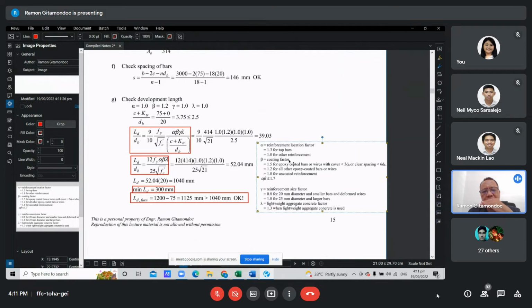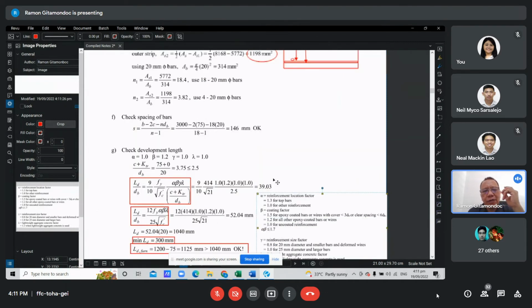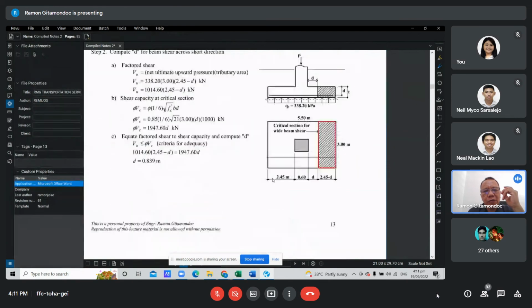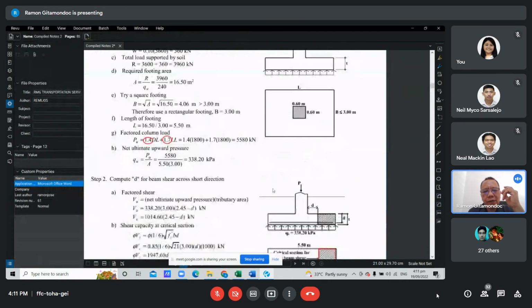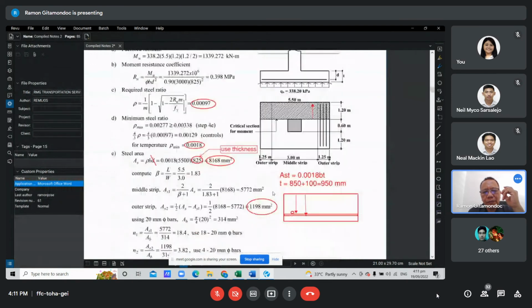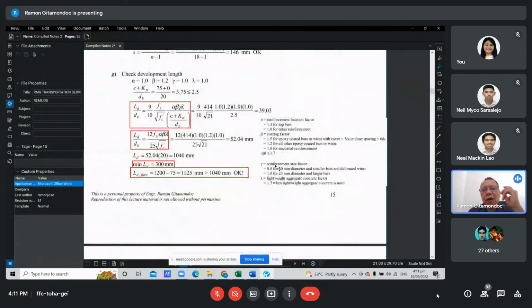Then beta is the coating factor. Does the problem specify that we have epoxy coating? It does not. 1.2 is used for all other epoxy coated bars. If the reinforcement is uncoated, it should be 1.0.